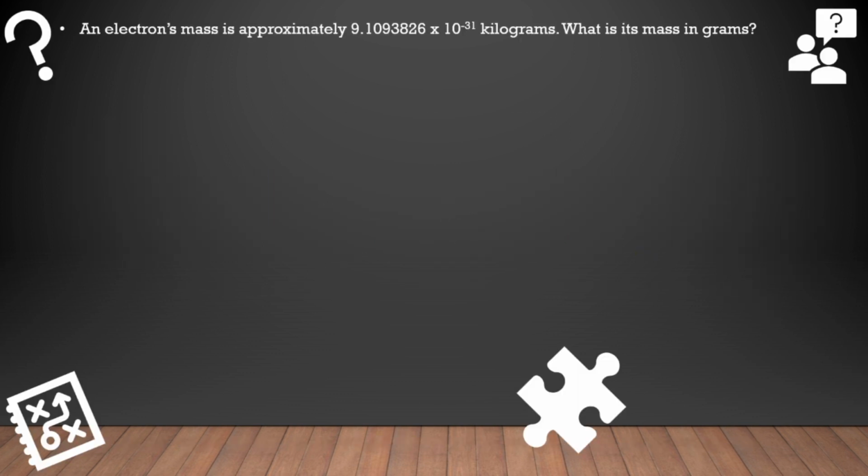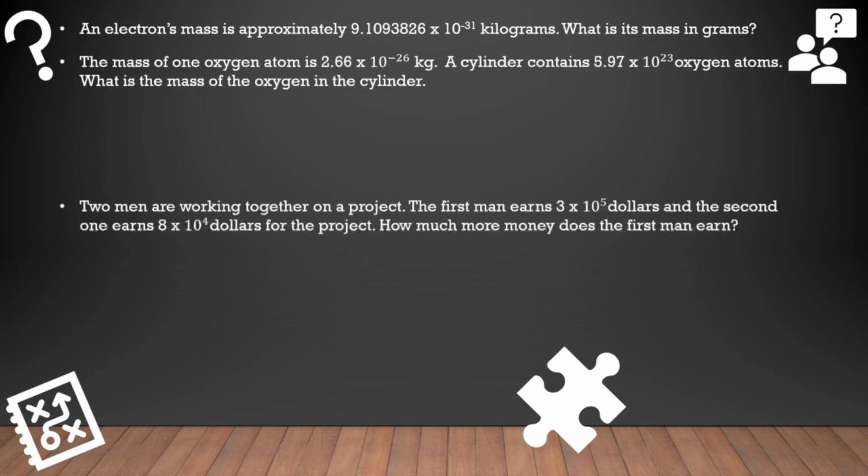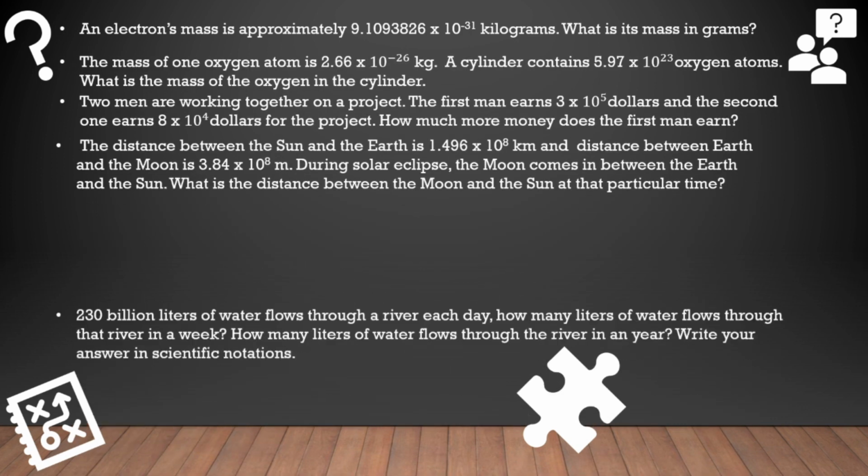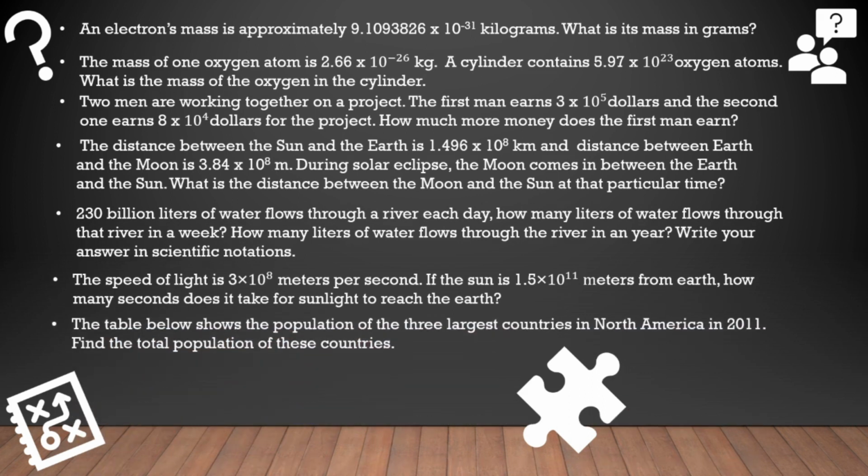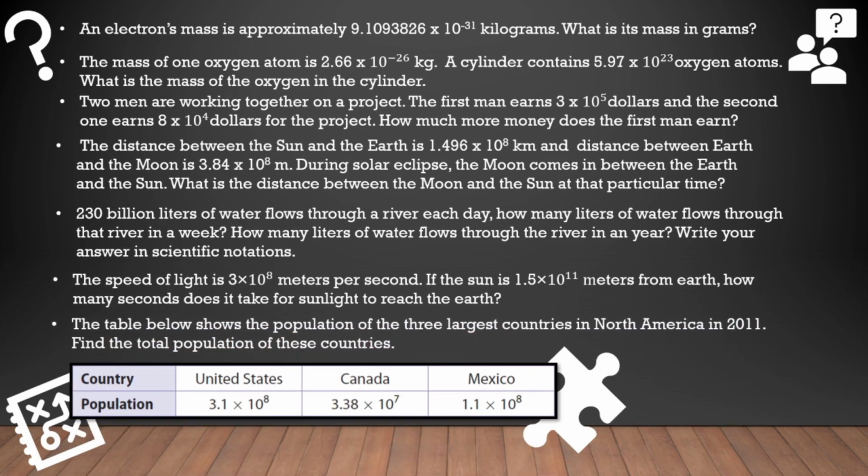Before we move ahead with the topic, please have a look at these questions. These are word problems and the numbers in all of these problem sums have been expressed in scientific notation form because the numbers were either very large or very small.